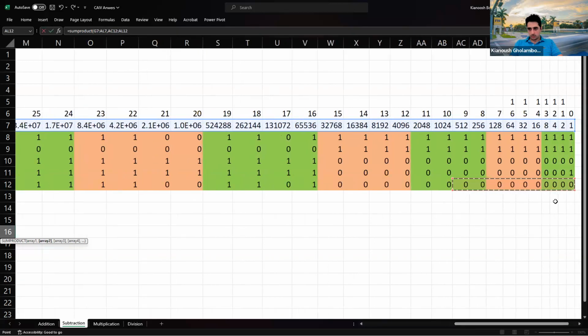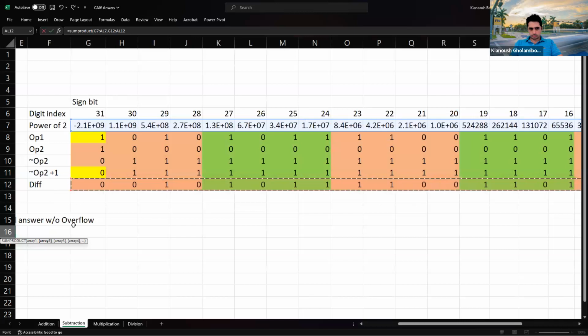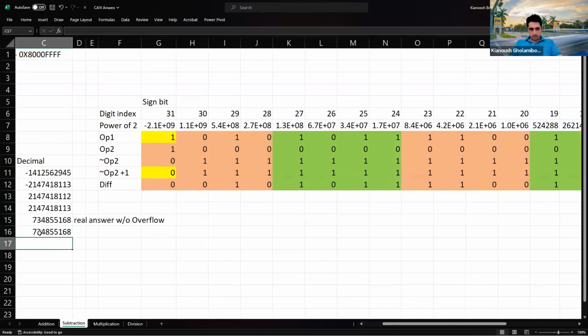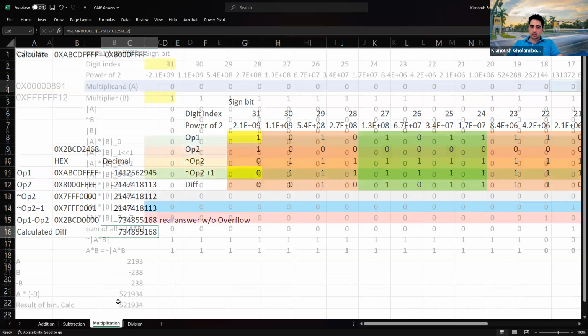Yeah, the last row. And as you see, we get the identical answer. So that means whatever we did was correct. That's how computers calculate the difference. Basically, they negate the second operand, and then they do the normal summation.